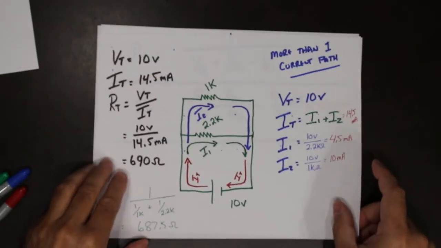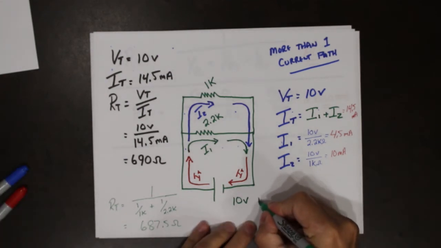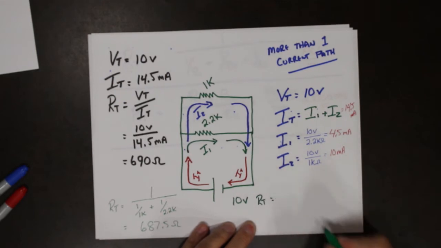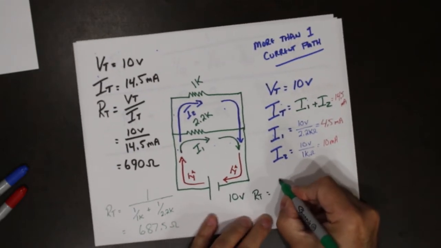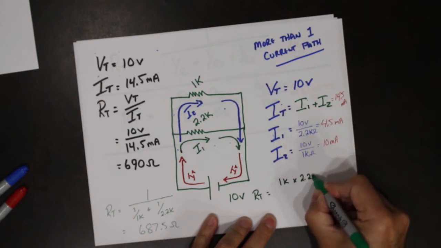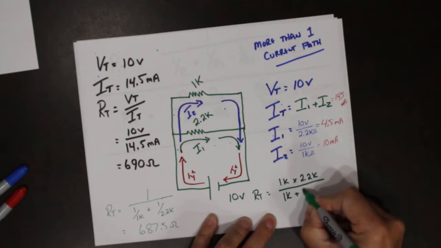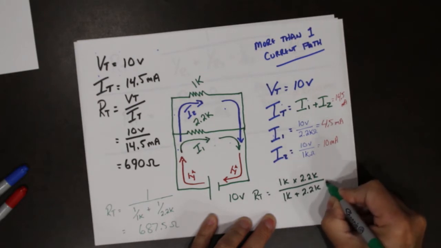So let's go back. Here's our question again. Let's use the shortcut formula for our total, product over sum. So that is 1K times 2.2K divided by 1K plus 2.2K.